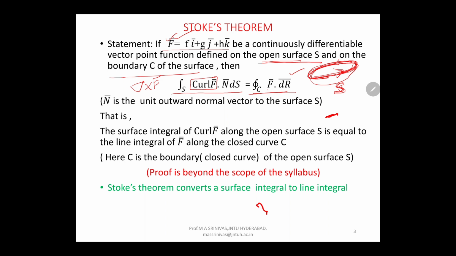So for applying the Stokes theorem, we should have an open surface. Whenever you have an open surface, automatically you will have one closed curve. And whenever you find an open surface integral, as I showed in lecture 2, we need an outward normal vector. So what Stokes theorem says is that the surface integral of curl f bar over the open surface S is equal to the line integral of f bar along the closed curve C, where C is the boundary of this open surface S. Anyway, the proof is beyond the scope of the syllabus.